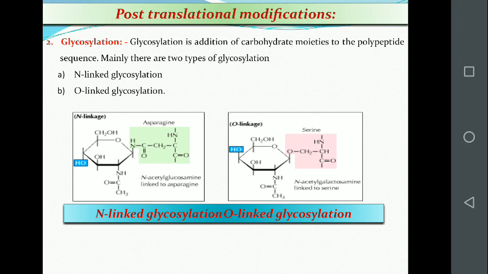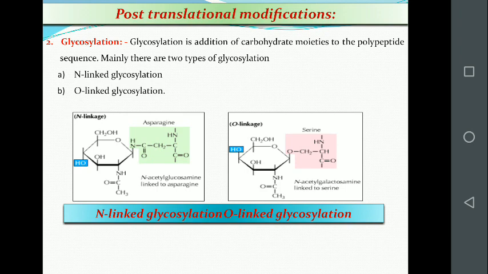That targeting requires some kind of marking, and that marking can be utilized for the targeting of proteins. In that case, the proteins bind some sugar moieties, carbohydrate moieties, present on specific amino acids on the polypeptide chain. This is what glycosylation is.